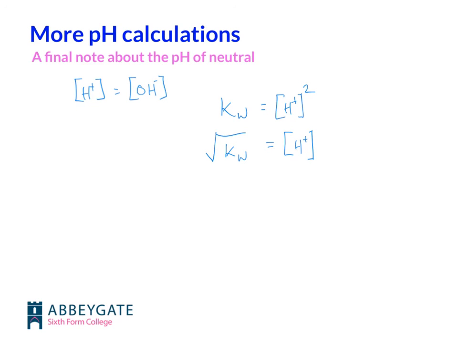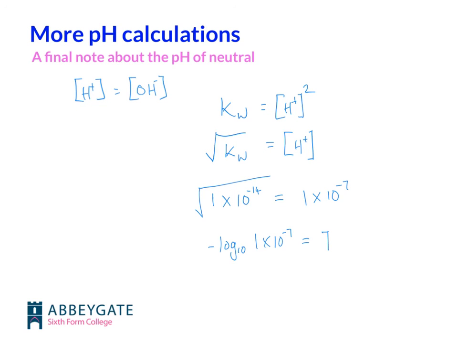Now, I've told you at 298 Kelvin, Kw is 1 times 10 to the minus 14. So if we work out the square root of that, we find it is 1 times 10 to the minus 7. And if I do negative log to base 10 of 1 times 10 to the minus 7, those of you that are good at maths won't even need the calculator, you'll tell me that that will be 7.